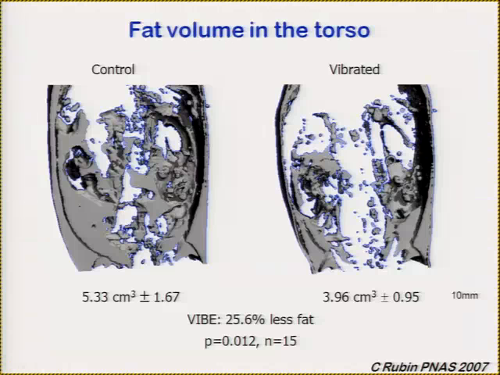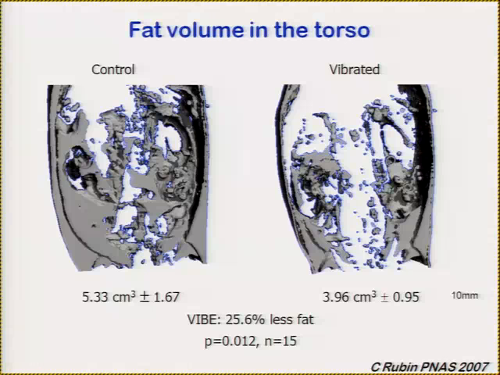Now, Clint Rubin and I argue about why this happens, but in growing mice who are having their bone grow because of this, or their bone increase in density because of this signal, also happen to have less abdominal fat. That's very significant. They also have less hepatic fat if they're on a high-fat diet, and other people are reproducing this work.